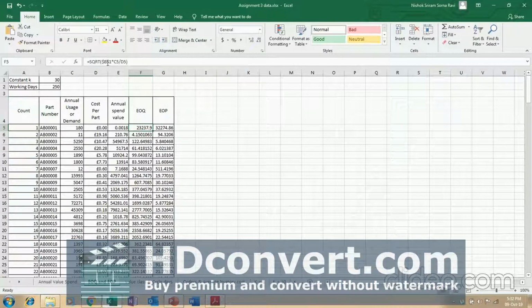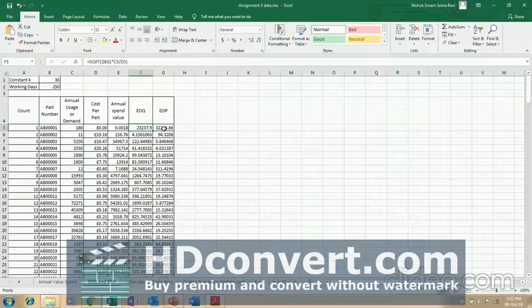Square root of K value is B1 and multiplied by C5, which is nothing but 180, and then all divided by the value 0.00001, which gives us economic order quantity being 23,000.